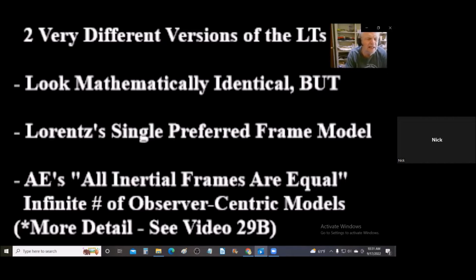Thus, he had an infinite number of observer-centric models, all of which disagreed and presented different physical models. In fact, in Einstein's version, each observer thinks that he's in the single preferred frame.